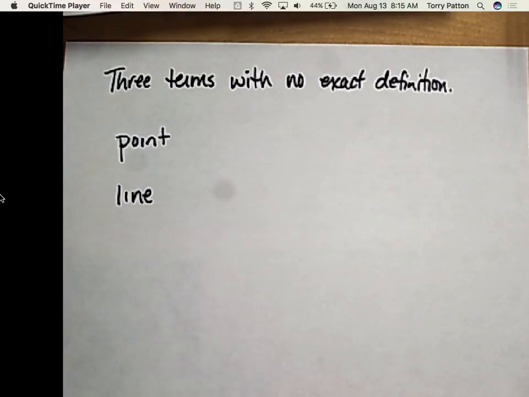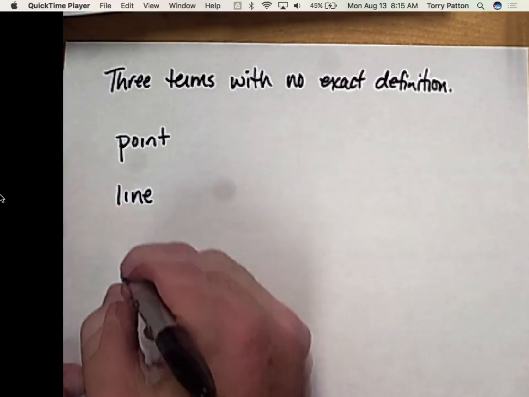So all of these, we know what they are, we're just not good at defining them. Before I get to the last one, a point is a single location, right? A line is a straight line of points, but a line is never ending. It goes forever in one direction and forever in the other direction, okay? A line is an infinite line.